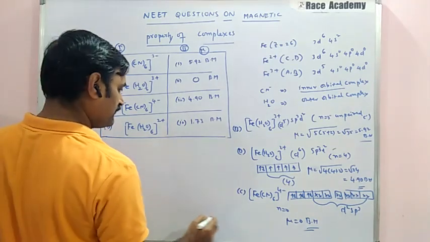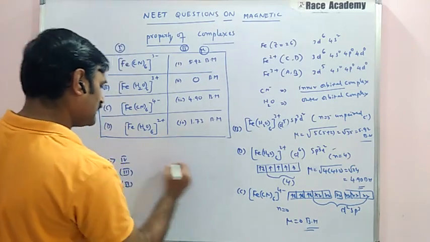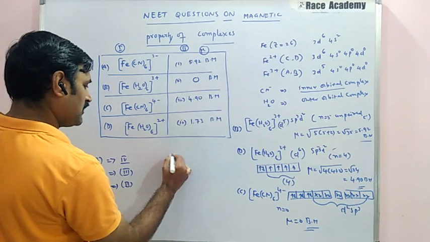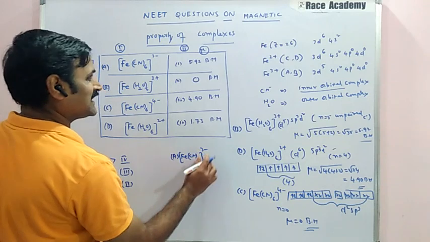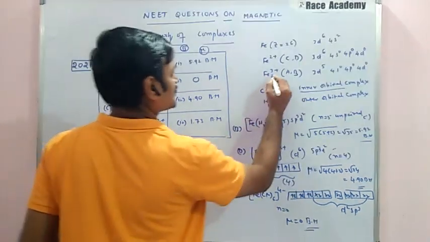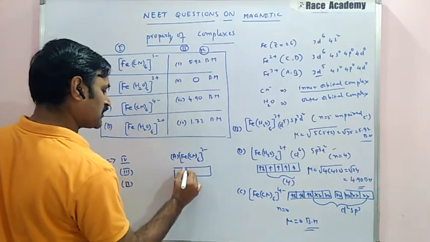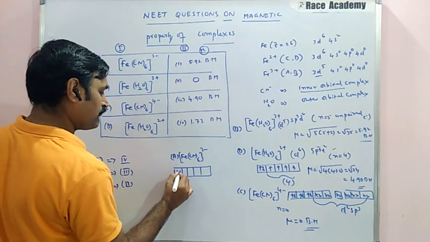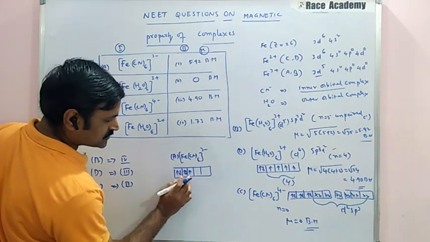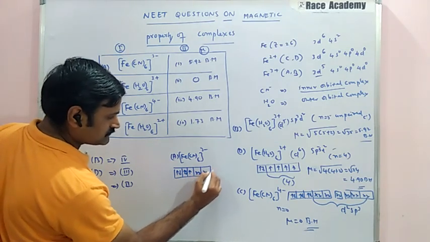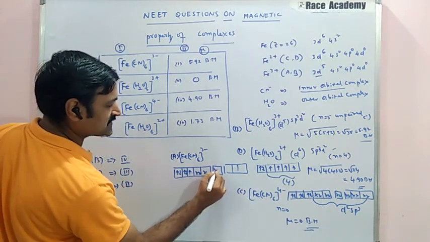The remaining one is 1.73, which we will check here. That is A, Fe(CN)6 3 minus, where Fe is 3+ with a d5 configuration. When d5 undergoes rearrangement, 5 electrons are rearranged in 3 orbitals and 1 remains unpaired, with the same hybridization as Fe(CN)6 4 minus.